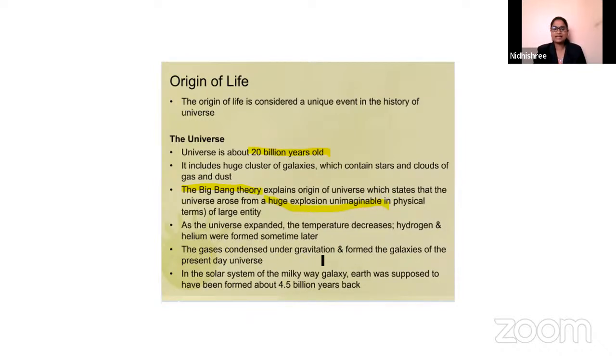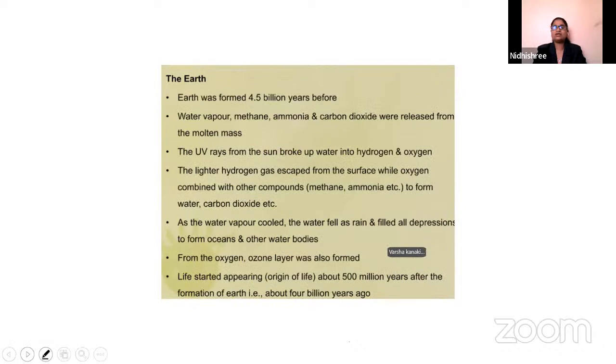Then the gases condensed under gravitation and formed galaxies, and from the galaxies, the solar systems were formed. In the solar system of the Milky Way galaxy, Earth was supposed to have been formed about 4.5 billion years back, 4.5 to 5 billion years back. Next slide. So the Earth's age is 4.5 billion years.